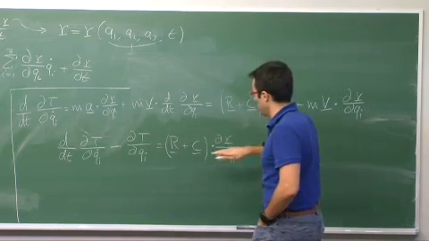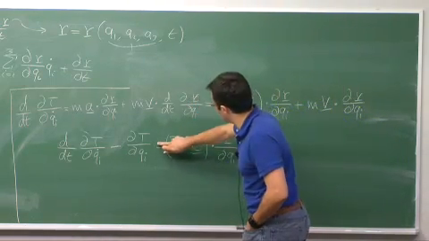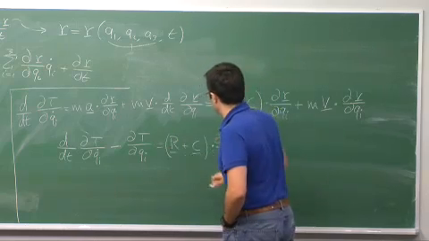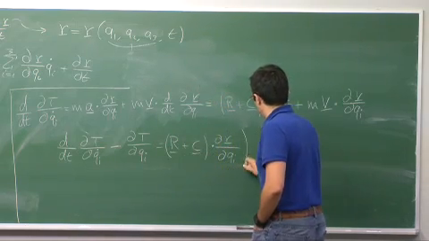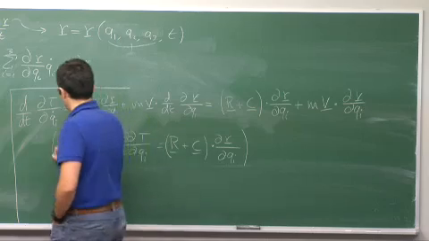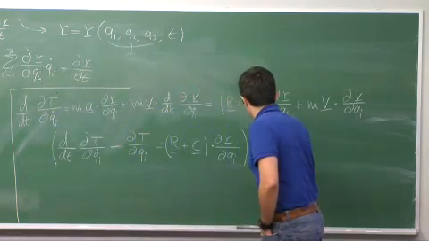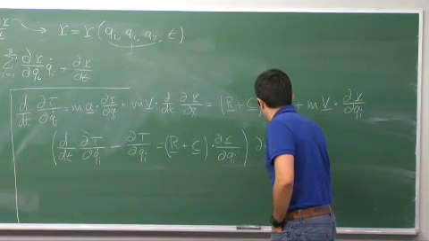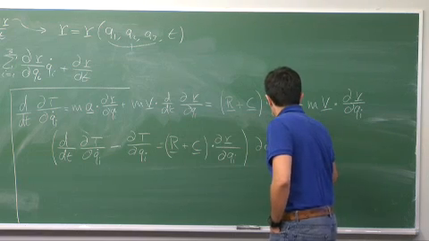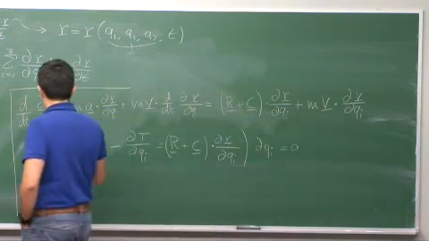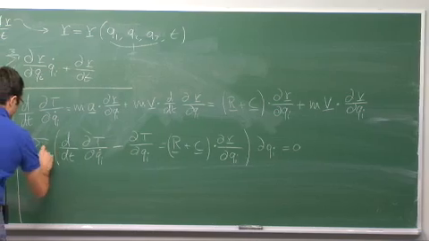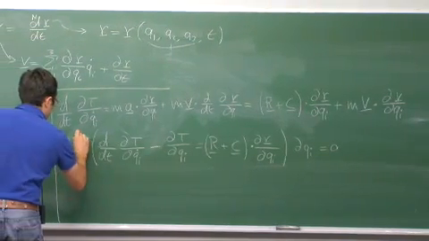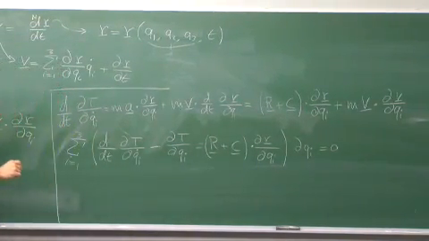So in other words, I'm going to bring this on the other side, becomes a minus. Multiply the whole thing times delta qi. This is going to be 0, of course. Summation over i. OK?